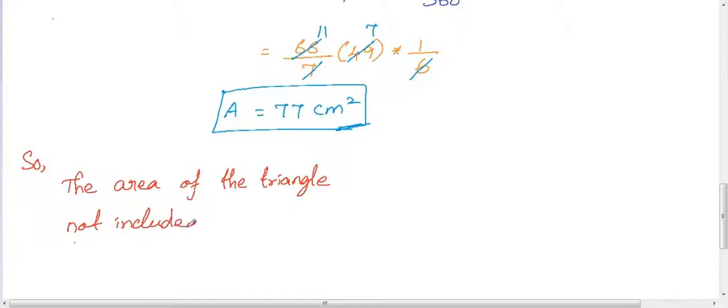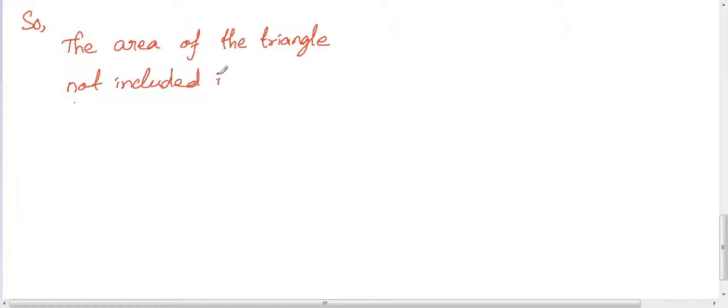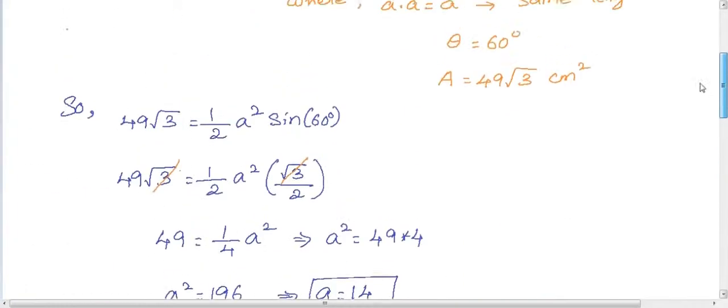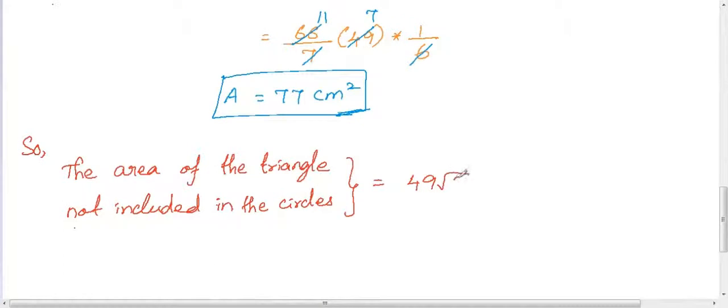The total area of the triangle is 49 root 3. So just subtract 77 from 49 root 3. So 49 root 3 minus 77 centimeters square.